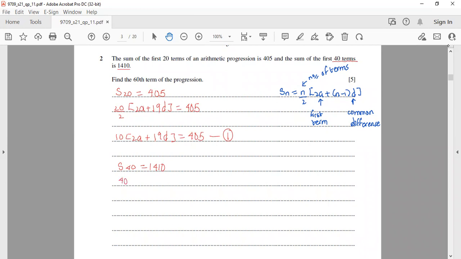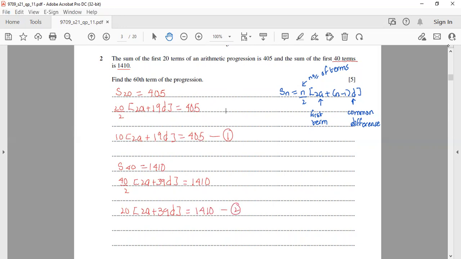So 40 divided by 2 into 2a plus n minus 1, so 40 minus 1, which is 39d, is equal to 1410. Donc, quand je simplifie, it will be 20 into 2a plus 39d is equal to 1410.